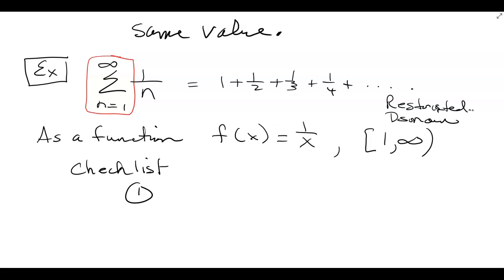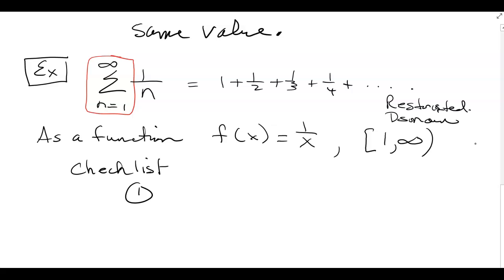In other words, I don't care what happens before 1. Because the actual domain of the function 1 over x is basically negative infinity to 0 and then 0 to infinity. The only issue is obviously when x equals 0.